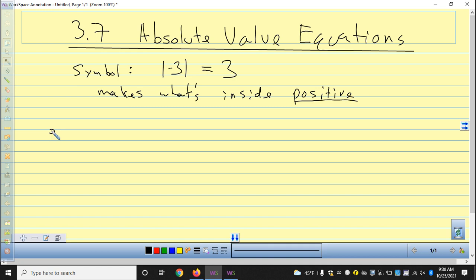So for example, the absolute value of 5, it takes whatever's in there and makes it positive. Well, this is already positive, so that's just 5. We also have the possibility, and the absolute value of -5, it takes whatever's inside and makes it positive. That also equals 5.